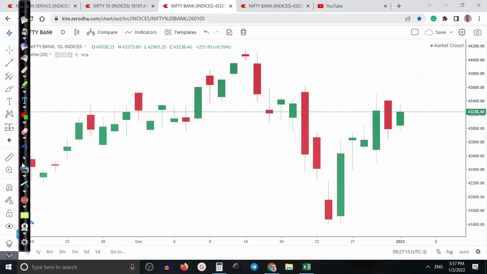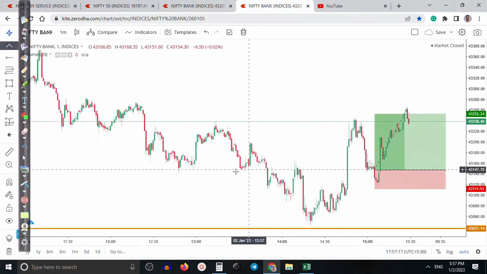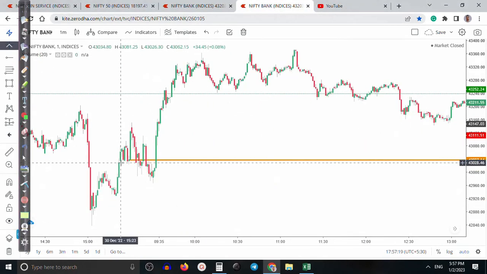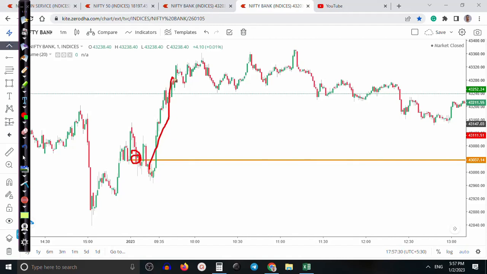Let me explain in a 1 minute chart. So here I can see this 1 minute chart, and price opens somewhere in this area. So price goes up, pulls back, goes up, pulls back, and it goes up.